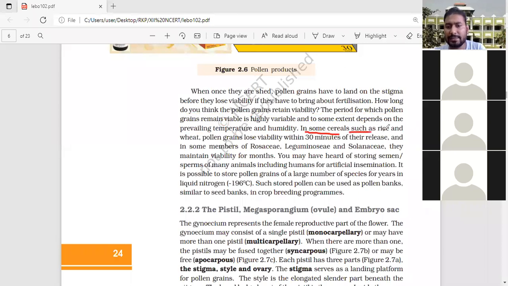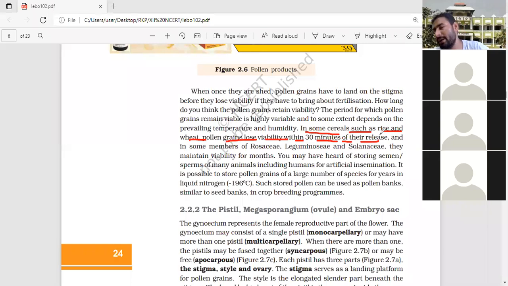In some cereals such as rice and wheat, the pollen grains lose viability within 30 minutes of their release. It is saying that in the case of rice and wheat, if the pollen grains are shed from the flower, they will lose their viability within 30 minutes.